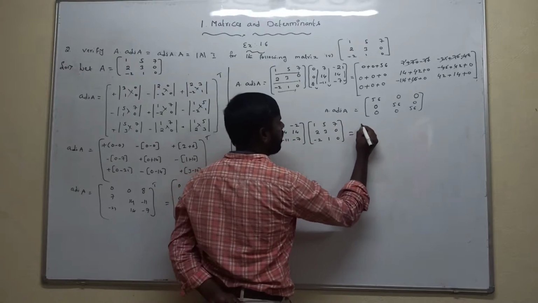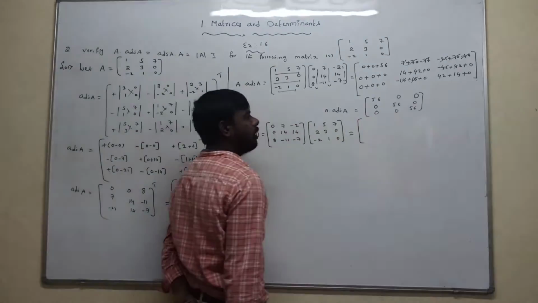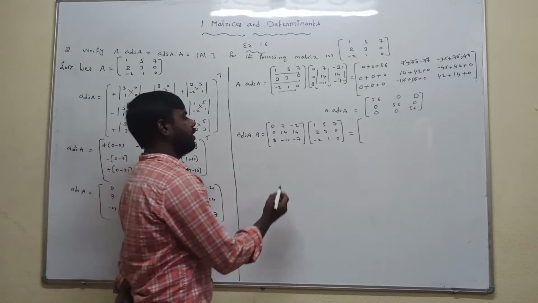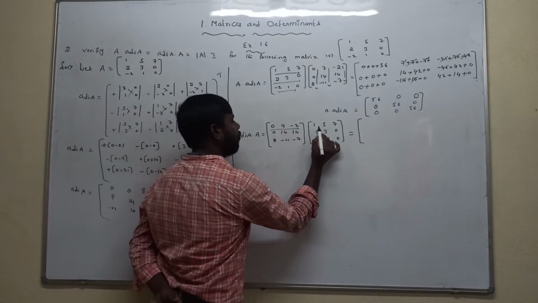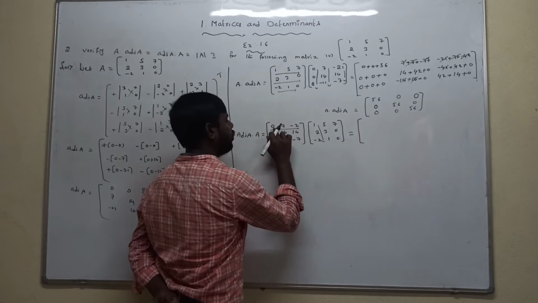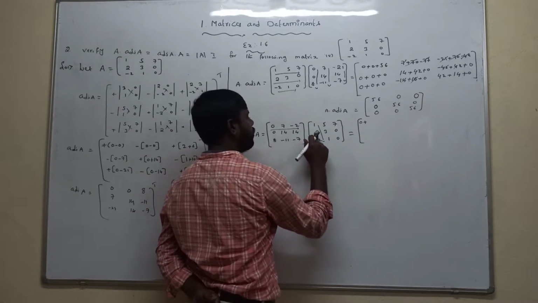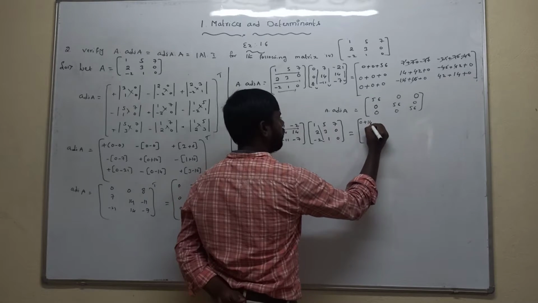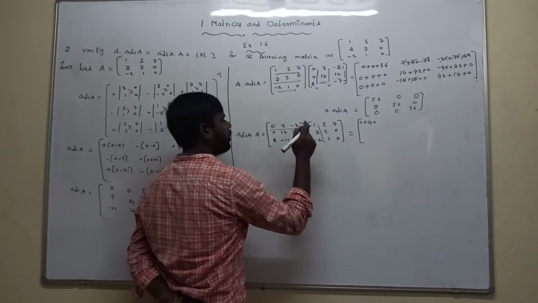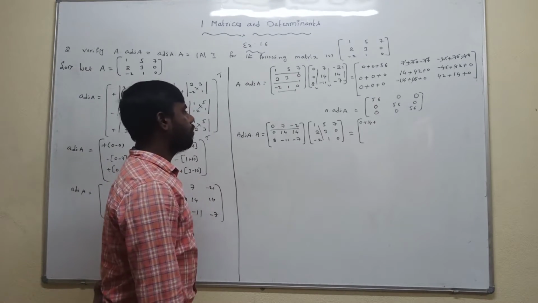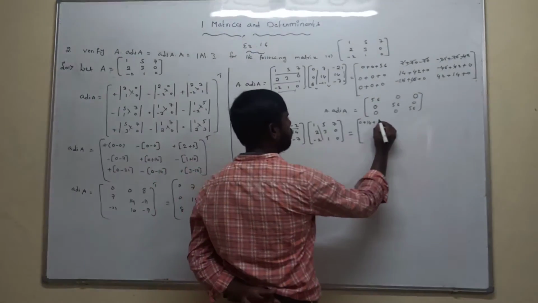Now both matrices are 3 by 3, so adjoint of A into A is also 3 by 3. Now product with first row, first column: 0 into 1 is 0, plus 7 into 2 is 14, plus minus 2 into minus 2, that value is plus 4.